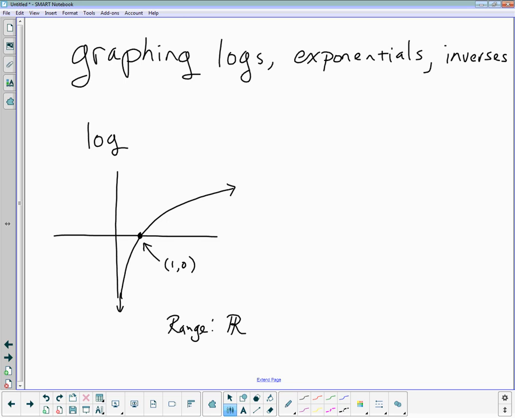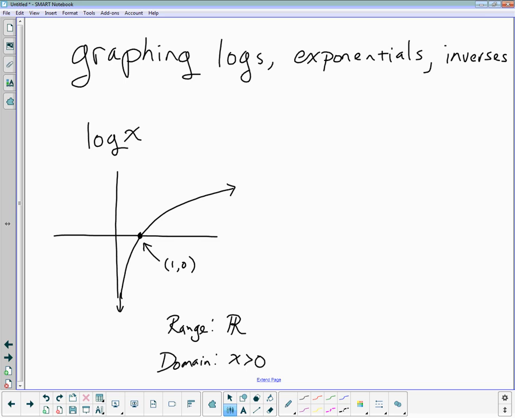Greater than 0. Now this would in effect be your parent function. Like if we were dealing with base 10, log of x base 10, we'll actually drop some points in a minute, and I'll show you some shortcuts to drawing your graphs.